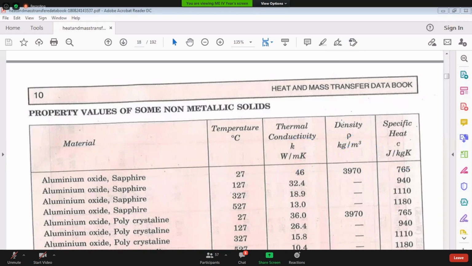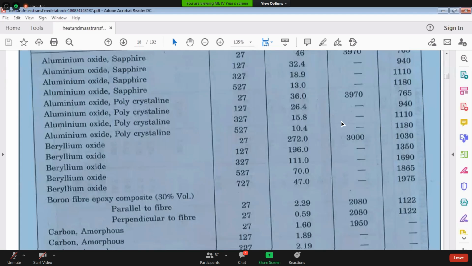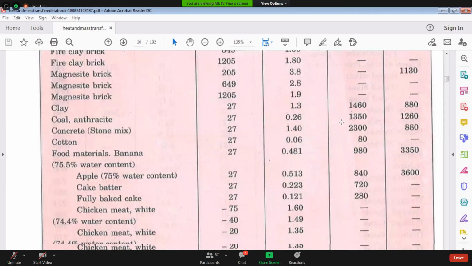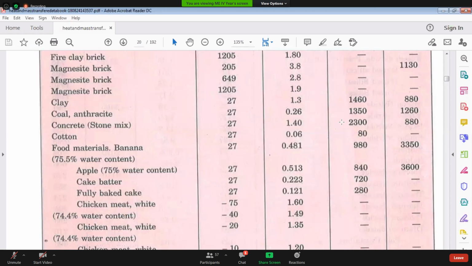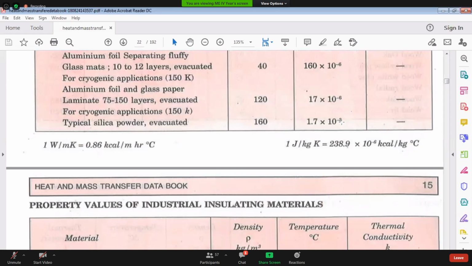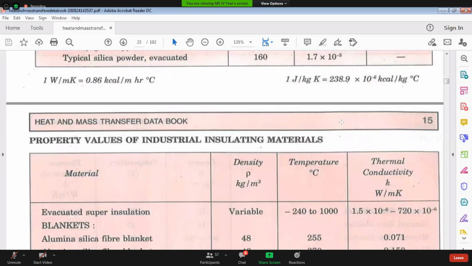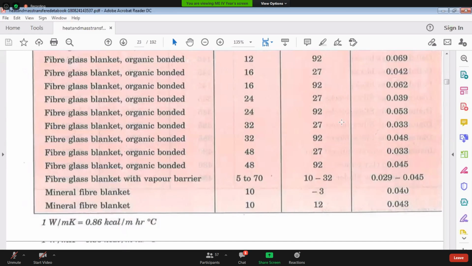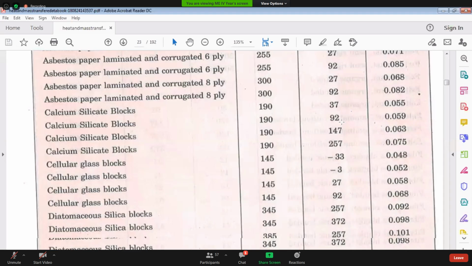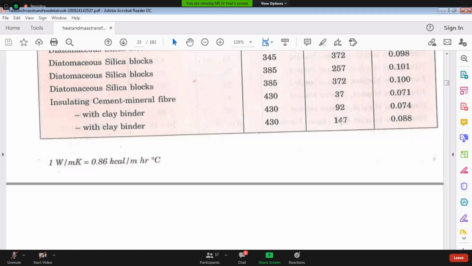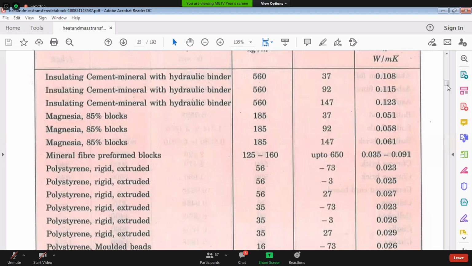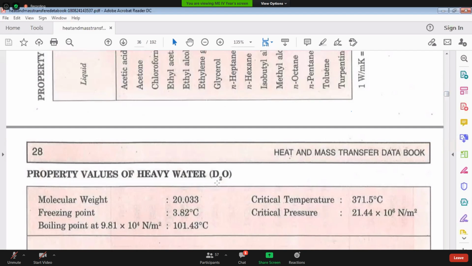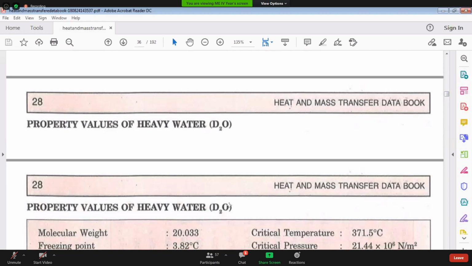If you move down, these are the properties of solids, and there are liquids also. Property values of industrial insulating materials, aluminum, silica, fiber, like that. There are many materials. Also, water properties, liquids here.